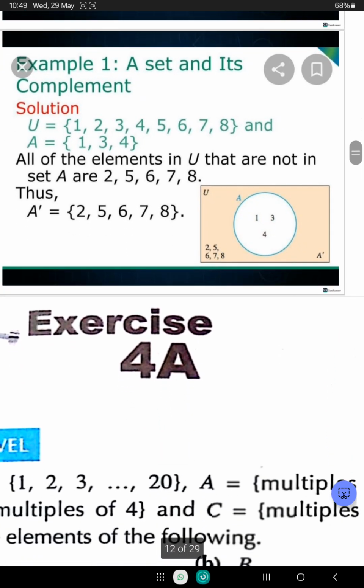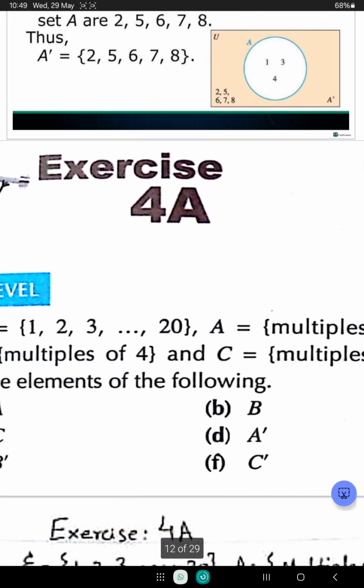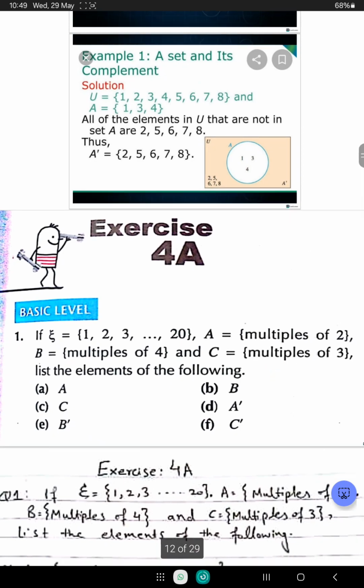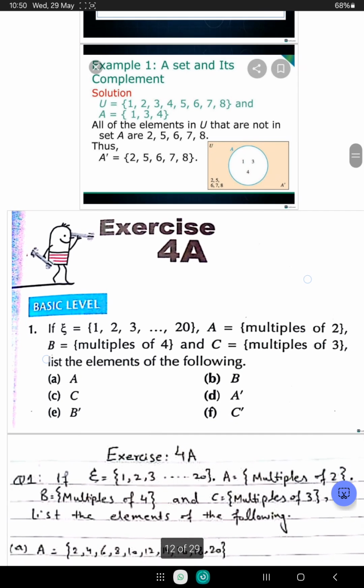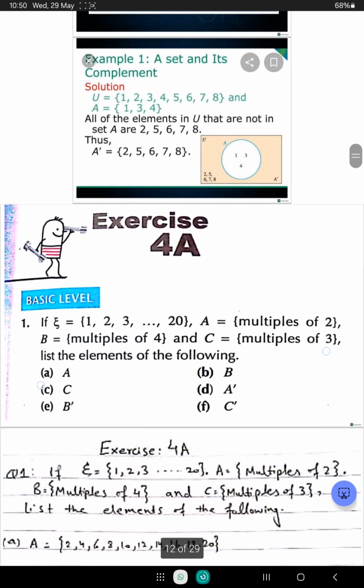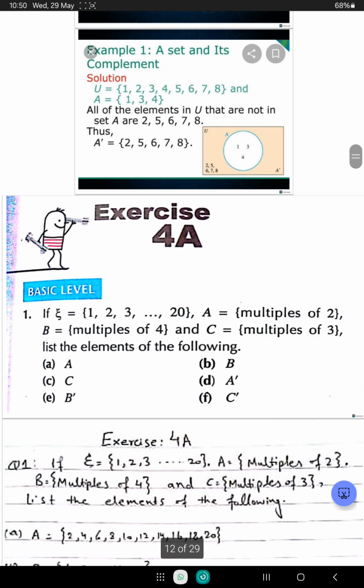Example number 1. Question number 1. If the universal set is 1 to 20, and A is the multiples of 2, B is the multiples of 4, and C is the multiples of 3, list the elements of the following.